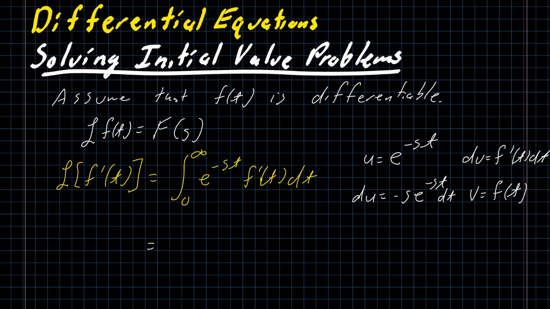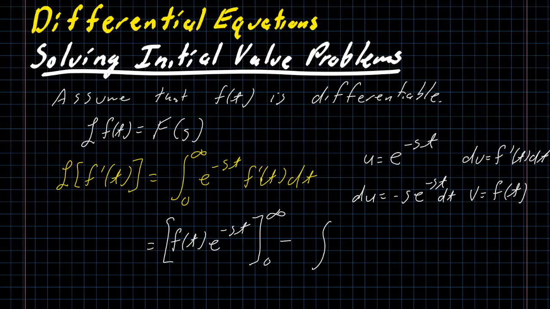So using our integration by parts formula, we're going to have u times v. So that's f of t times e to the minus st. We will evaluate that at 0 and at infinity, minus the integral of v du.